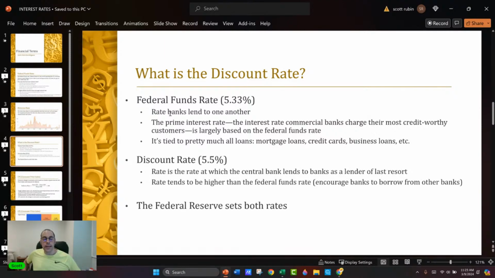Banks do lend to each other, especially really big banks helping the smaller banks. So if a bank needs money to fund a loan or to fund deposits, they may borrow from another bank, and the other bank charges them currently 5.33%.